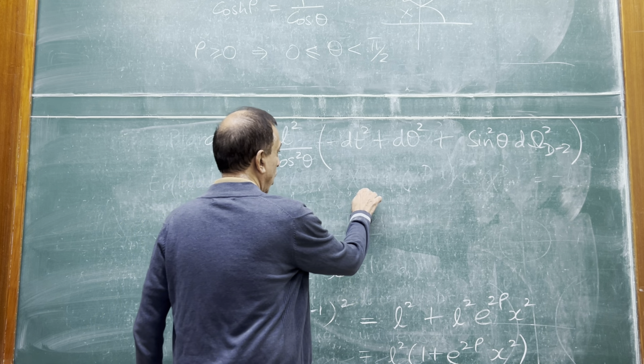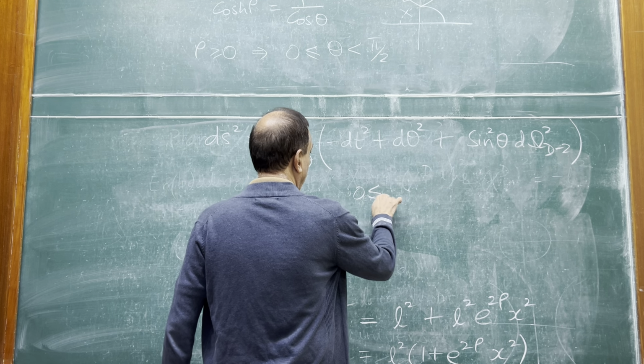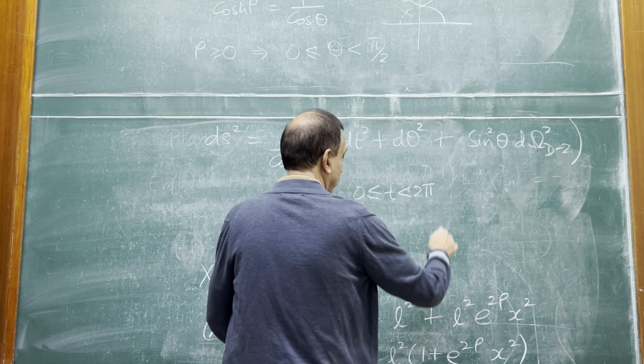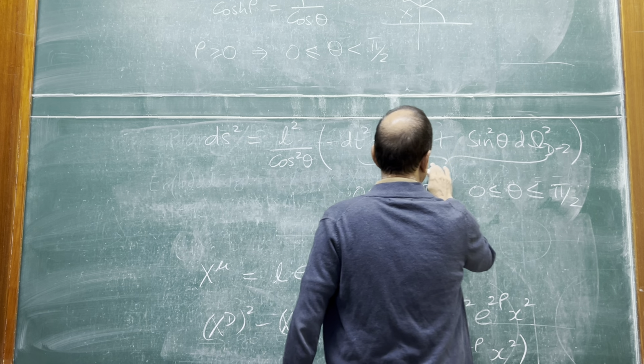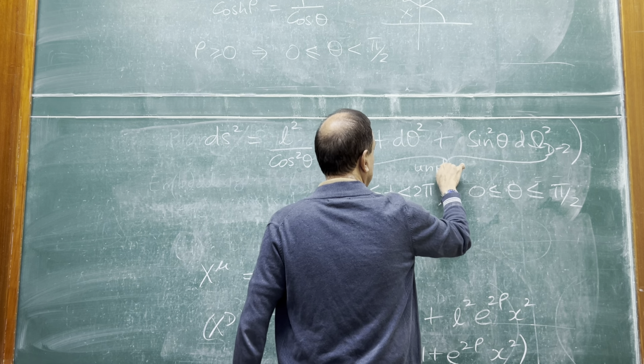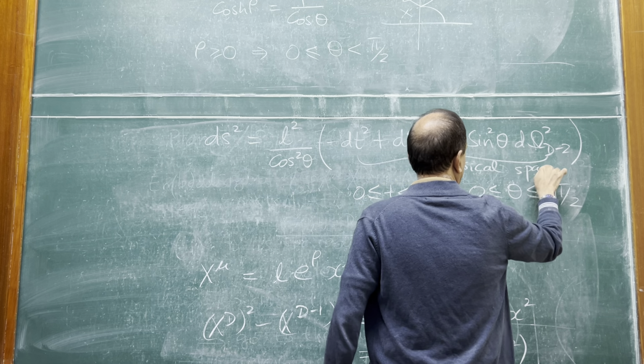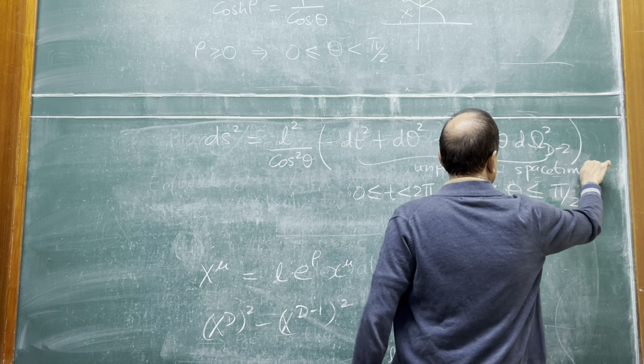Why? Because now t, first of all, we haven't unwrapped it, so it's going from 0 to 2 pi. We will unwrap it soon, but it's worth keeping in mind that right now it's not unwrapped. Theta goes from 0, now we can take it to pi by 2, and this is the unphysical space. I am deliberately giving it this ugly name because you have to remember that it's not real space-time.